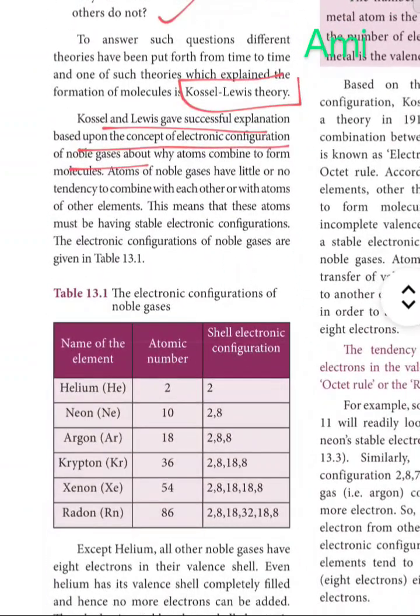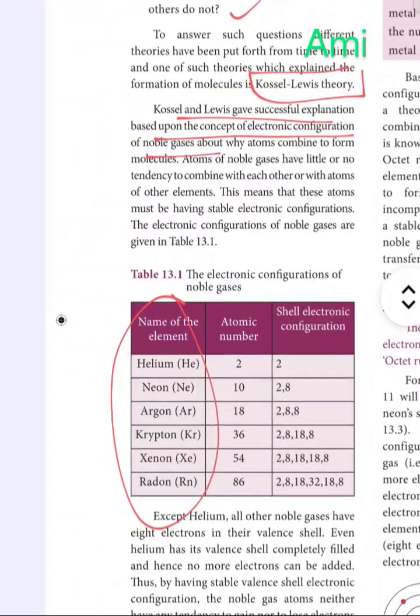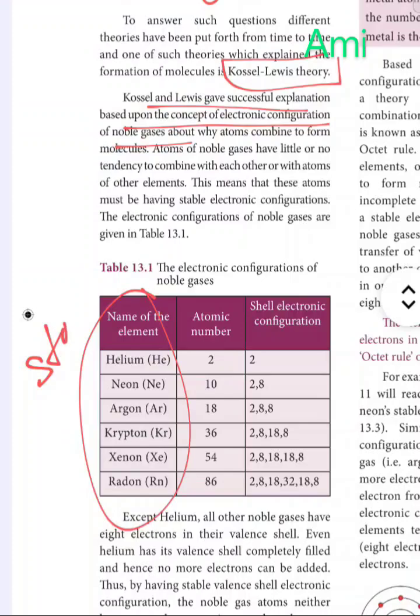We know that the noble gases are stable elements. They are least reactive because they have a complete octet. Every other element should have a stable configuration just like that of the nearest noble atoms.